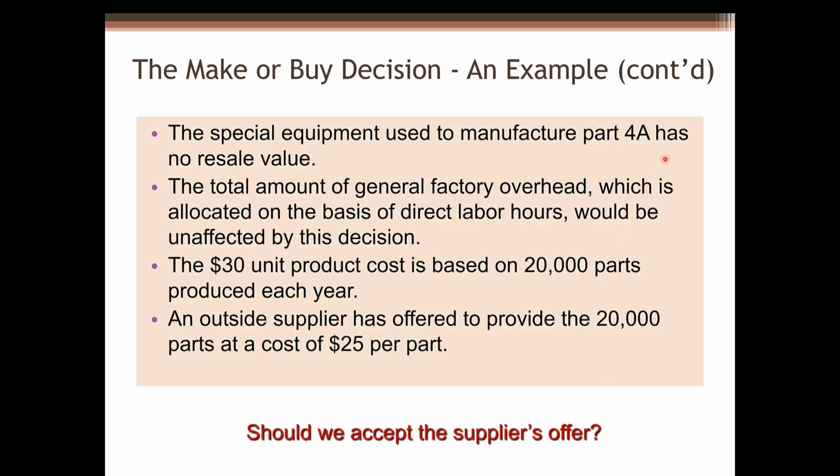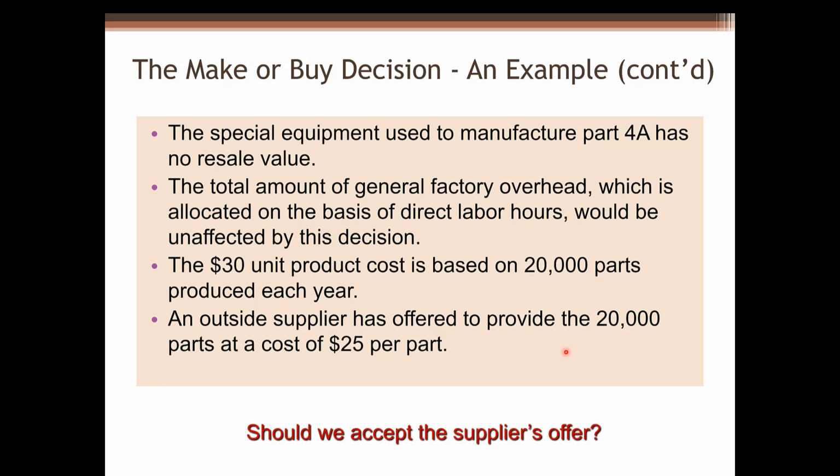Additional information: the special equipment used to manufacture part 4A has no resale value. The total amount of general factory overhead, which is allocated on the basis of direct labor hours, would be unaffected by this decision. The $30 unit product cost is based on 20,000 parts produced each year.